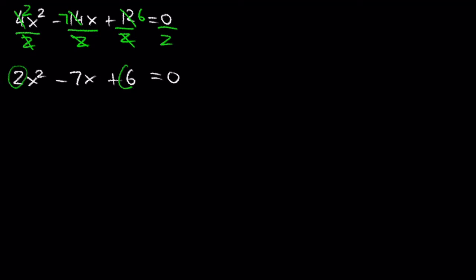A times c, which is 2 times 6, is 12. And we can write the 12 as 1 times 12 or 2 times 6 or 3 times 4. We can write the negative 7 as negative 3 plus negative 4.